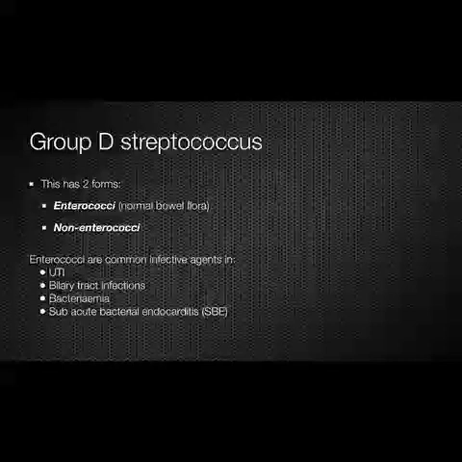Importantly, though, remember that group D Streptococcus preys on weakened hospitalized patients. So people that you're going to come across on the wards, so keep it at the back of your mind. Yeah, and also actually there's quite an interesting association between non-enterococci group D Streptococcus and colon cancer.